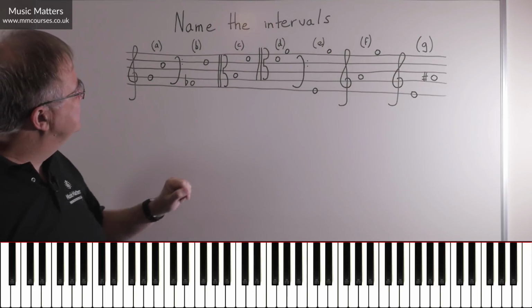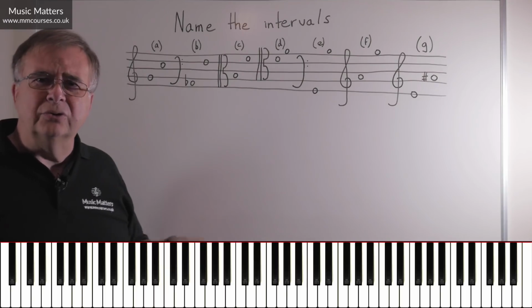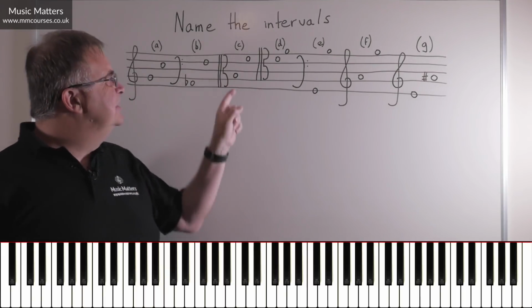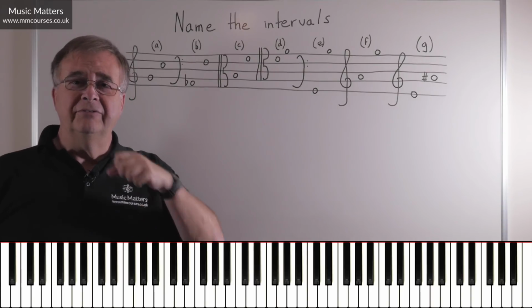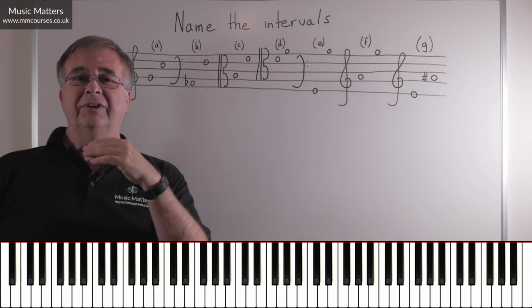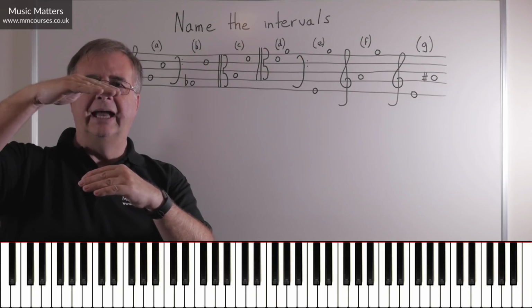So now we're looking at this thinking, well, that's fine, but this isn't F sharp, it's F natural. So the question is, is this interval bigger or smaller than a perfect fifth?